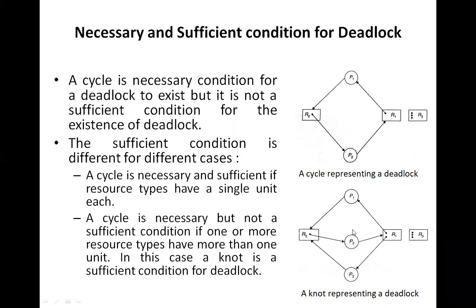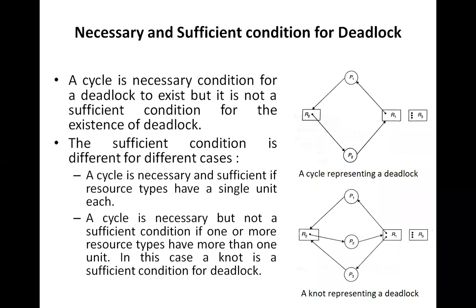So the necessary and the sufficient condition is going to differ based on whether the resources available in the system have a single unit or not. If they are having a single unit, then the cycle will be both the necessary as well as the sufficient condition. But if the resources are having multiple units, then the cycle will be the necessary condition, but not the sufficient condition for the deadlock.